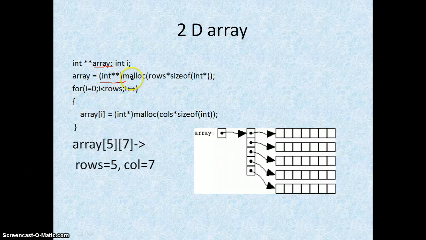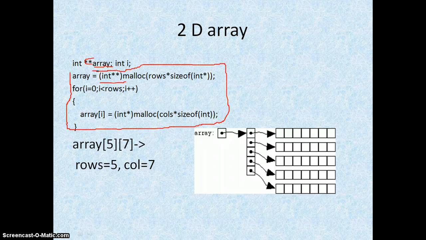We need that void pointer to be typecast to a pointer to a pointer, because it is two-dimensional and hence we have two pointers over here. If we want a three-dimensional array, then we will have three pointers. Before looking at this code, let us understand diagrammatically what this means.